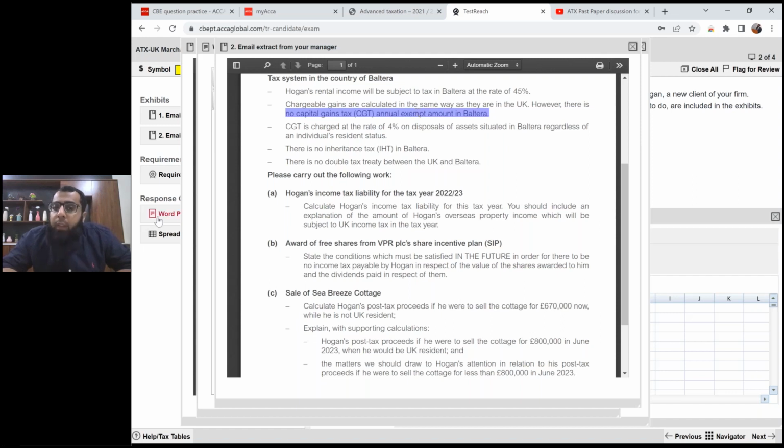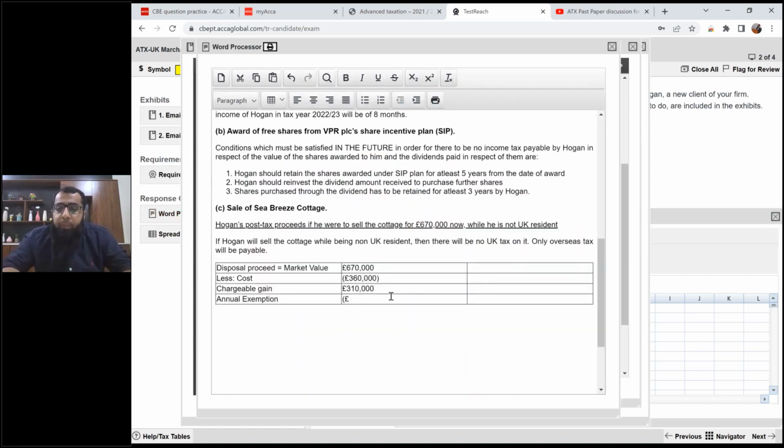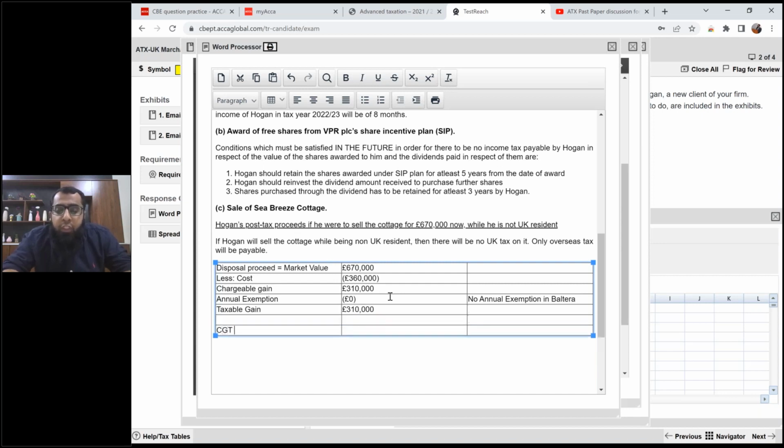No annual exemption in Baltira. So the taxable gain is 310,000.